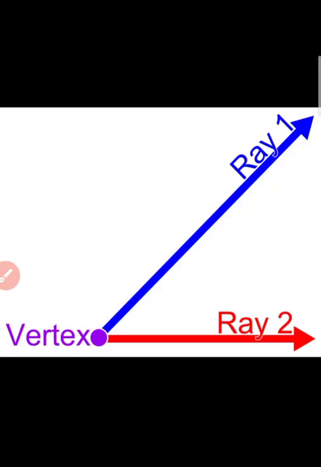See this diagram, children. Here ray 1 is a blue color and ray 2 is a red color and vertex is a purple color. So angle is made by two rays with a common end point.